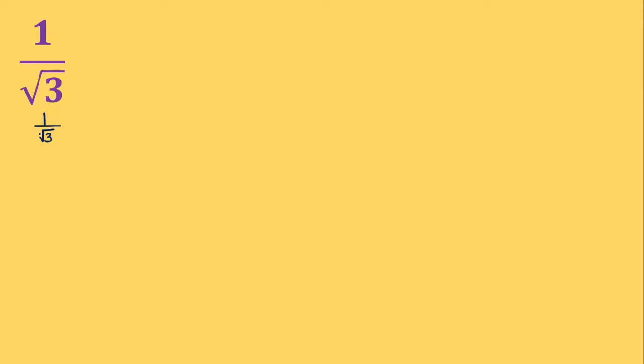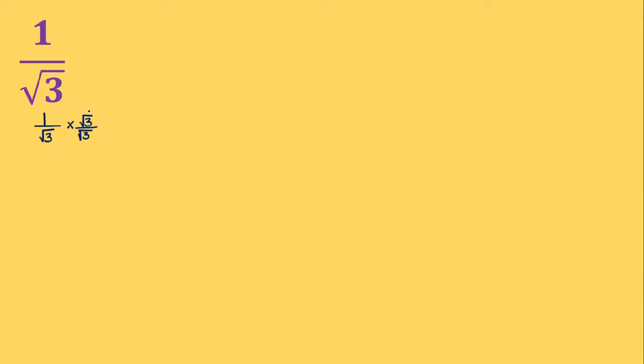So think by what number you should multiply root 3 to make it a rational number. You have to multiply by root 3, because root 3 into root 3 is root 9, that is equal to 3.